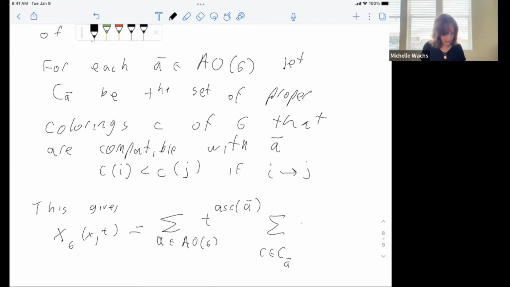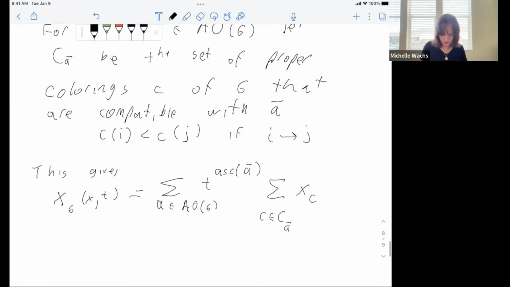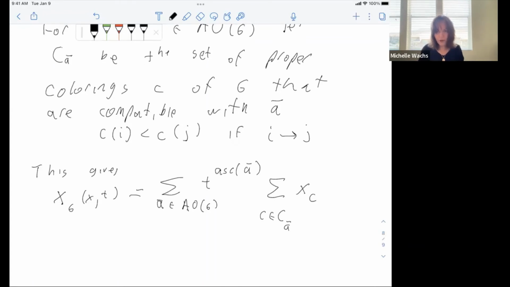So we can group together the proper colorings that are compatible with a given acyclic orientation.